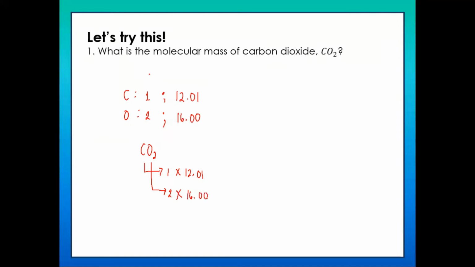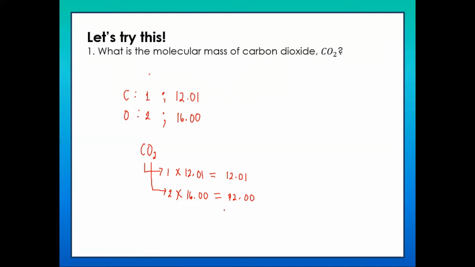This is another technique that you can do so the computation is continuous. So for this one, 1 times 12.01 is 12.01. Now for oxygen, 2 times 16.00 is 32.00.